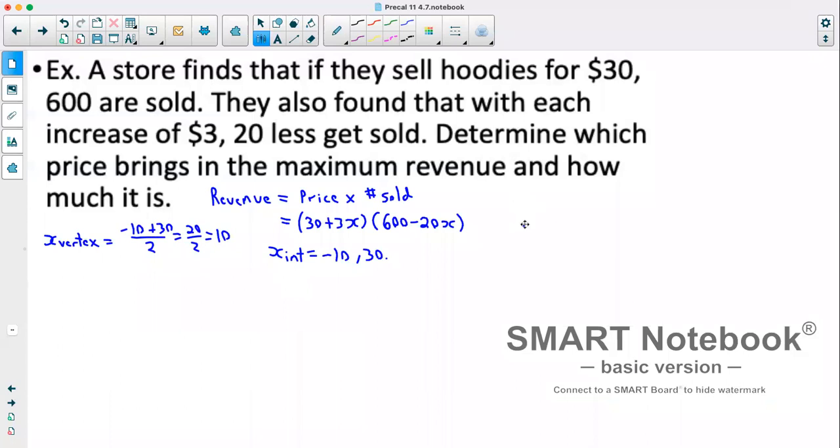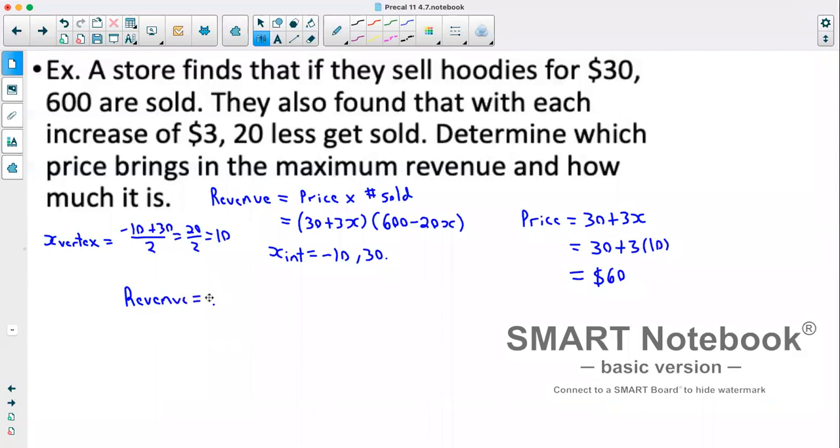So we know that our price, we said, was 30 plus 3x. So we'd have 30 plus 3 times 10. So the price would be $60. Now to get our vertex, we'll take our actual equation and substitute in the x of our vertex.